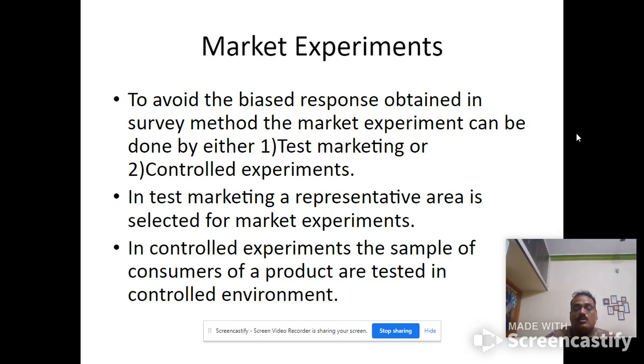We go on changing different variables, like we can also give them a choice, like if the price is being reduced by a certain percentage, how you are going to respond. We also give them a choice, like if there will be this kind of advertisement for a particular product, how you are going to respond, like that. They will be having their opinions, and we will be collecting them, and we will be arranging them, and we will be basically drawing the conclusion from all those data. So market experiments can be done either by the test marketing or the controlled experiment.